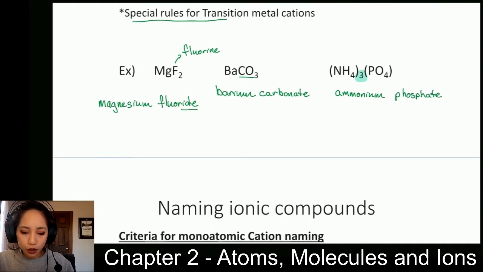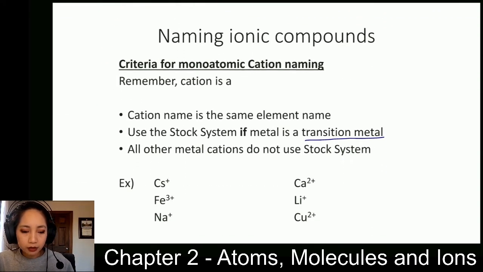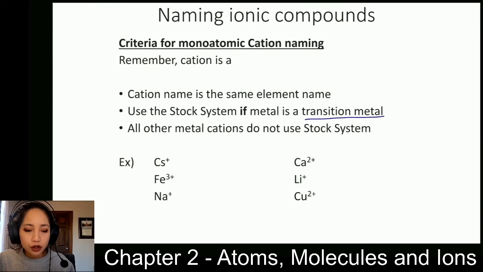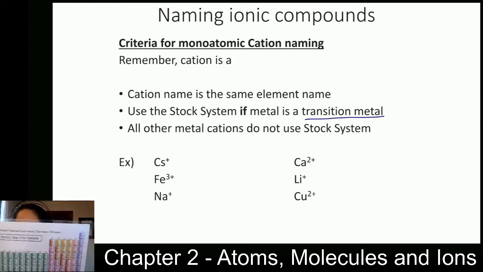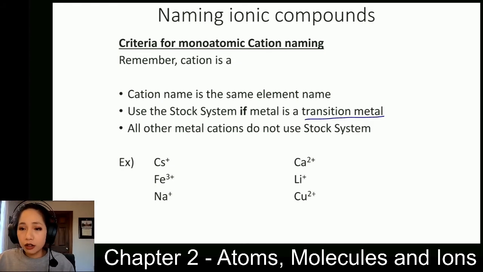So let's go into more detail of naming ionic compounds. Let's look at the cations first. The criteria for naming cations: if it's a monoatomic cation, it's quite easy to name, meaning if it's just one element off of the periodic table, because it's just the name of it. Sodium cation is just sodium.